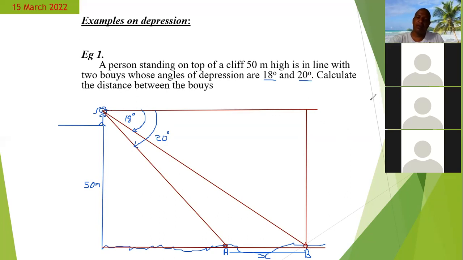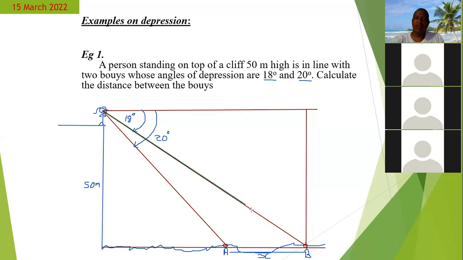But remember now, the one that shows you the distance from A to B would be represented by 20 degrees. It is represented by this triangle here.